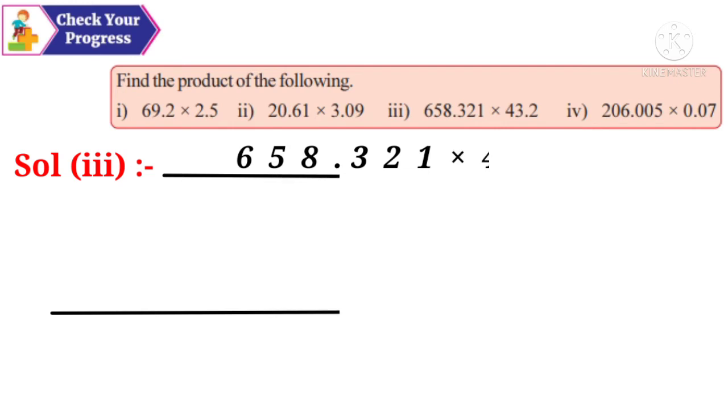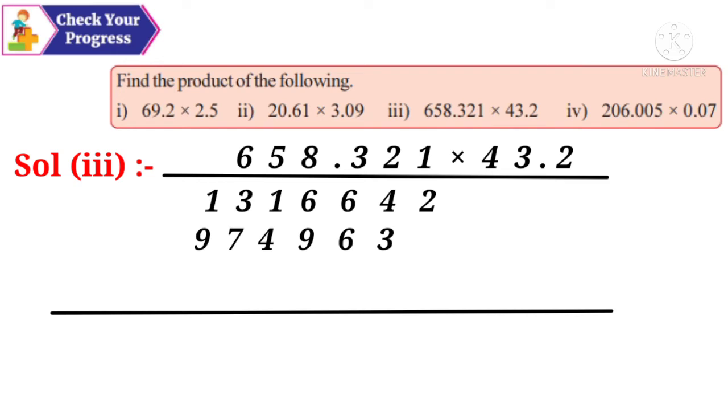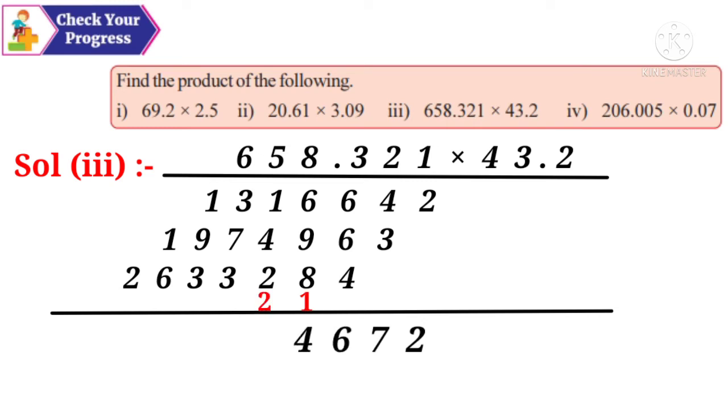Solution 3. 658.321 into 43.2. Now multiply with 2. 2, 4, 6, 6, 1, 3, 1. Multiply with 3. 3, 6, 9, 4, 7, 9, 1. Multiply with 4. 4, 8, 2, 3, 3, 6, 2. By adding 2, 7, 16, 24, 9, 13, 14, 8 and 2.